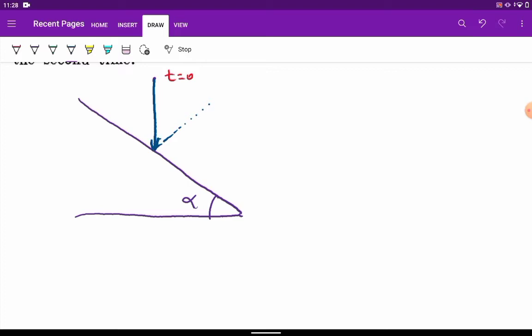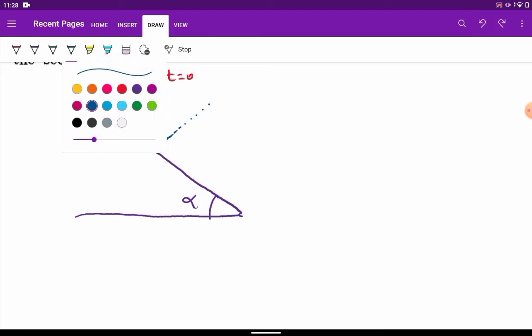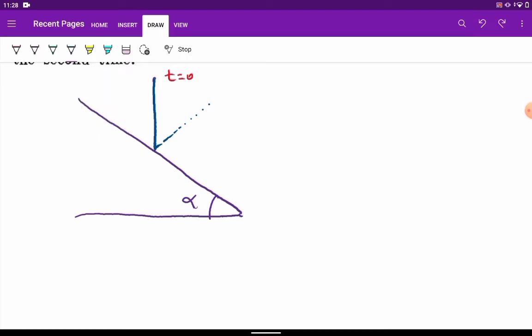So if the velocity over here is say some v, in that case, basically this angle is alpha. This picture is of course not according to scale, so this is also alpha.